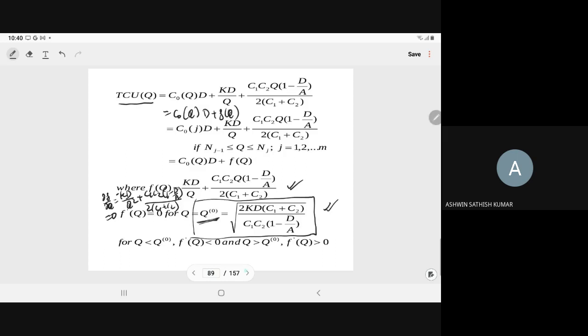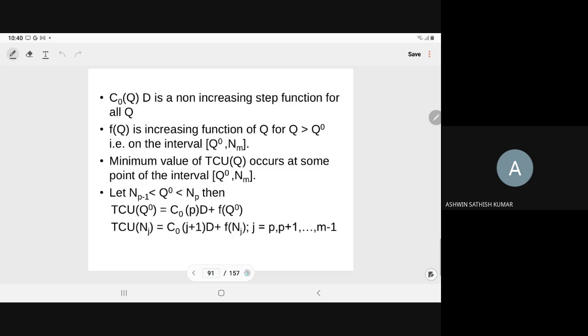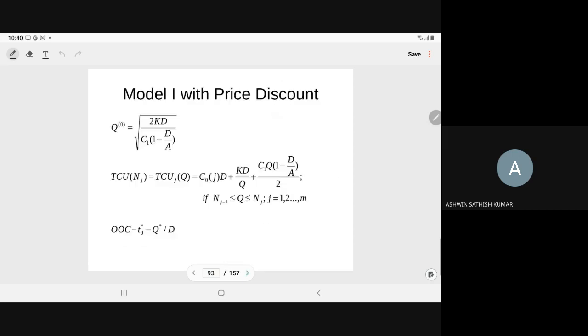So for model 1 with price discount, Q naught will be root of 2KD upon C1 into 1 minus D upon A, meaning no back order allowed.